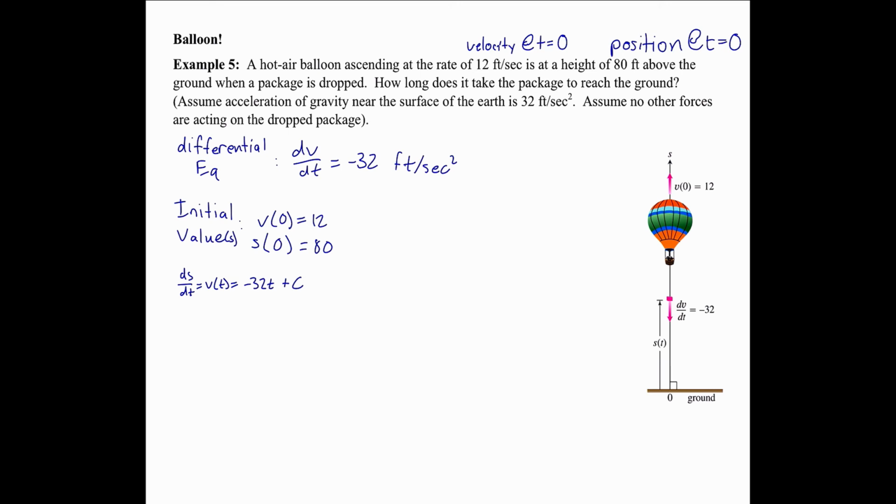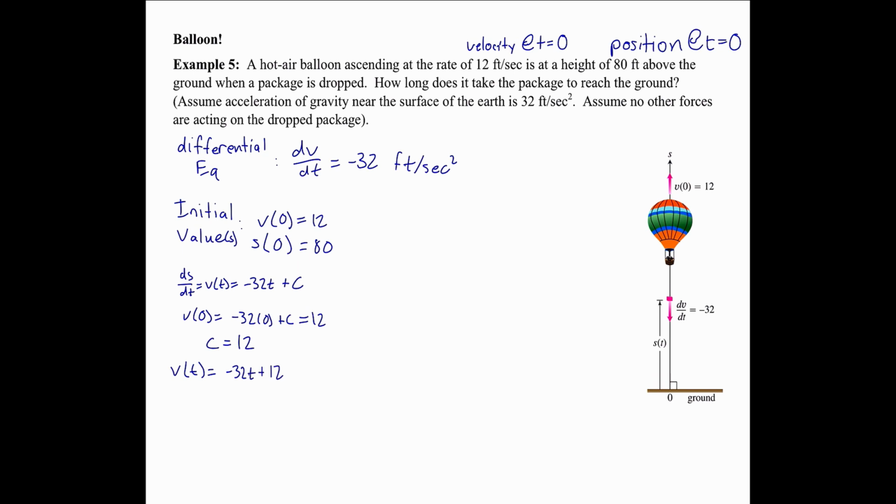And we now use the initial values to find that constant. So we know that v of 0 is equal to negative 32 times 0 plus c, and that is given to be just 12. In other words, c is equal to 12 in this case. So our velocity function, v of t, is equal to negative 32t plus 12.